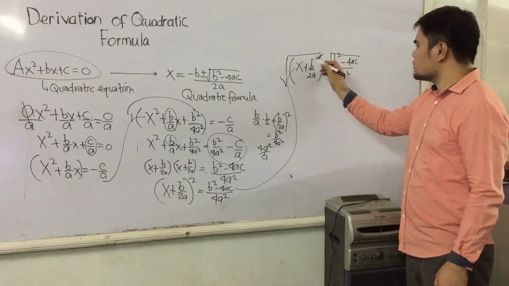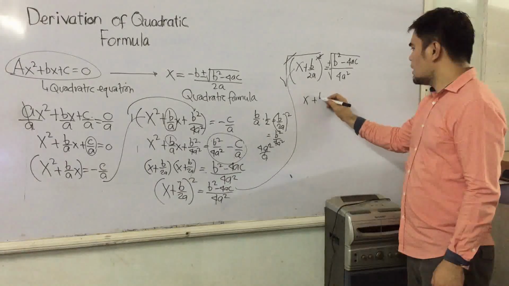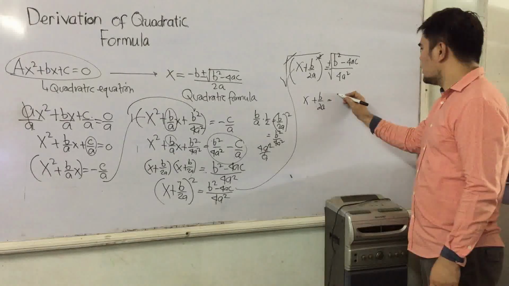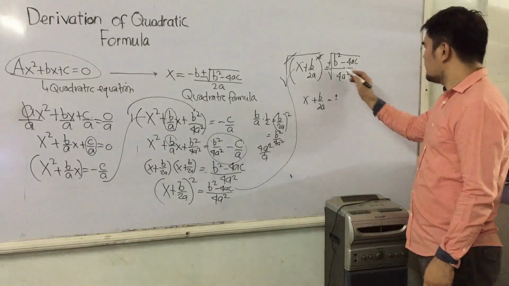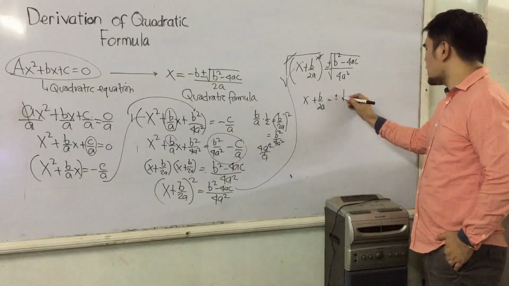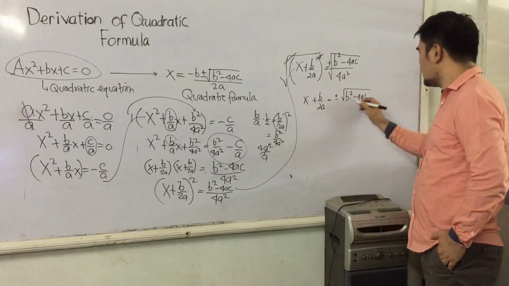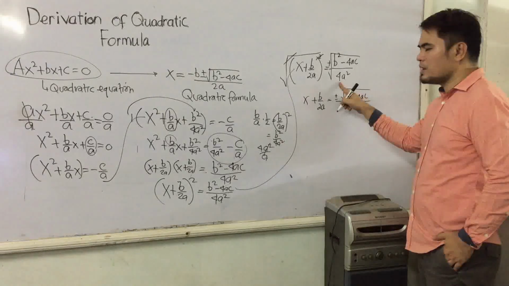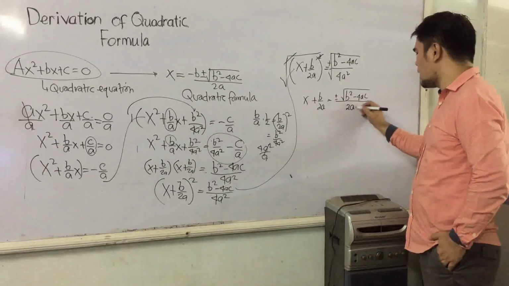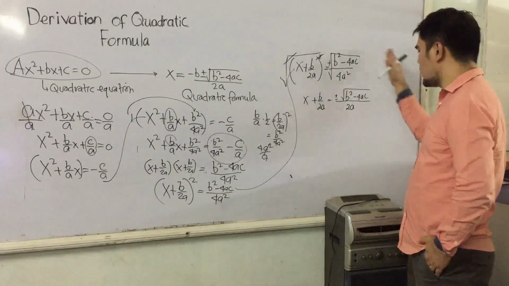So the remaining expression is x plus b over 2a equals plus minus. Since b squared minus 4ac is not a perfect square, just copy b squared minus 4ac. Since 4 is a perfect square, the square root of 4 is 2. The square root of a squared is a. Then transpose b over 2a to the right.